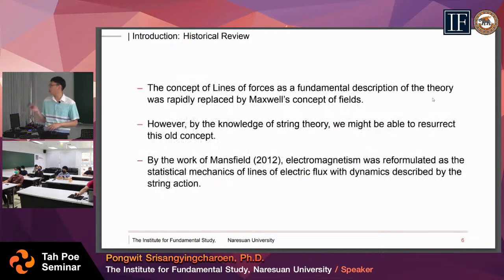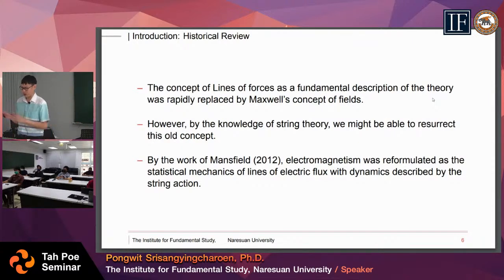Rapidly, the concept of the line of force faded away and was replaced by the concept of fields, introduced by James Clerk Maxwell. As you know, the Maxwell theory is very well known and very accepted, so the concept of field is very predominant.